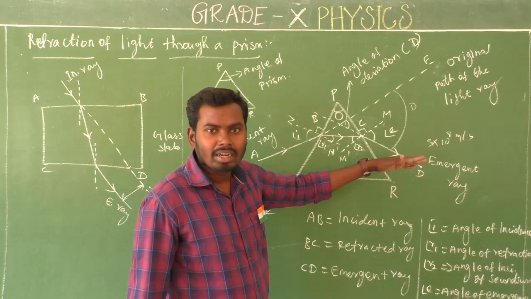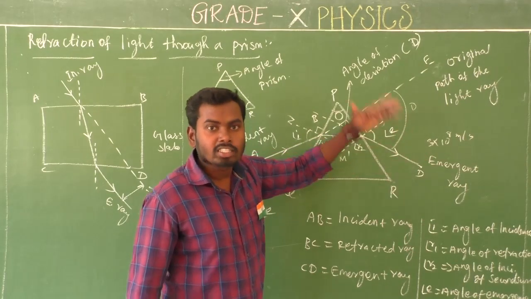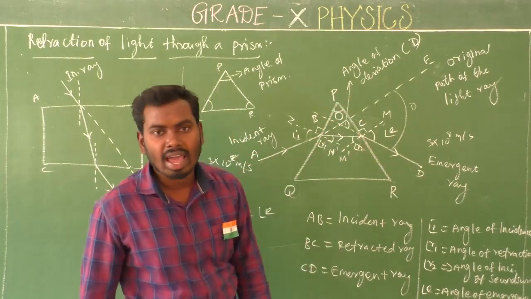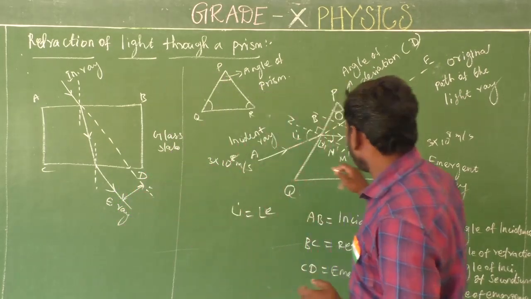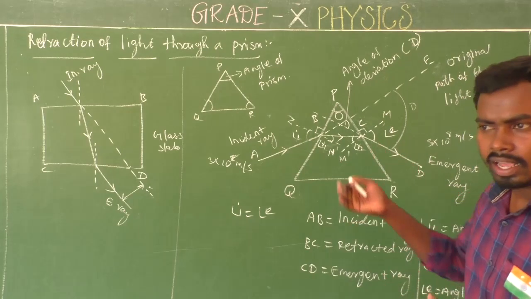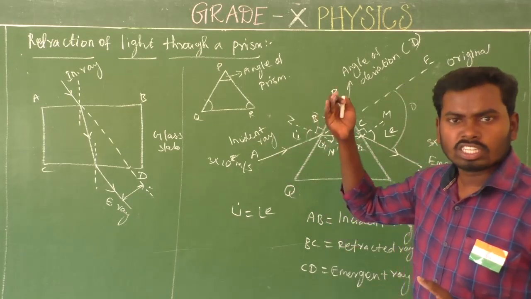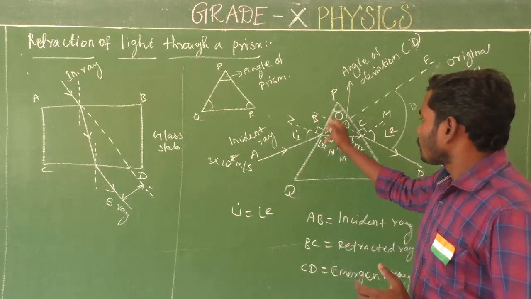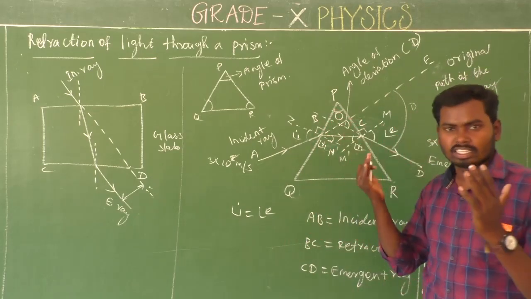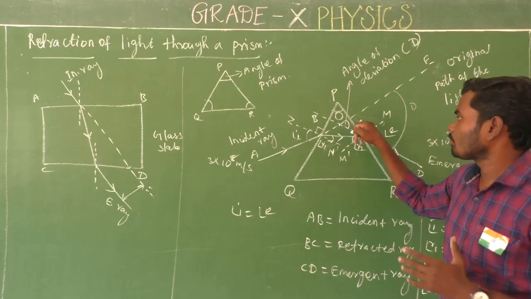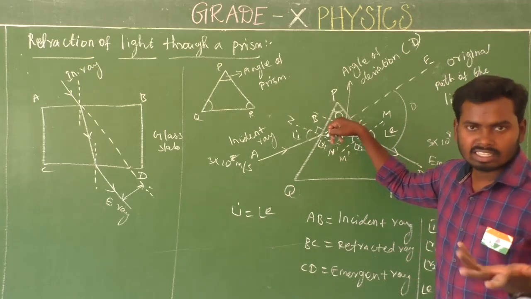The emergent ray deviates from the original path due to the peculiar shape of the prism. Peculiar shape means the two surfaces are not parallel to each other; there is some angle between the two surfaces of the glass prism. That is the reason.